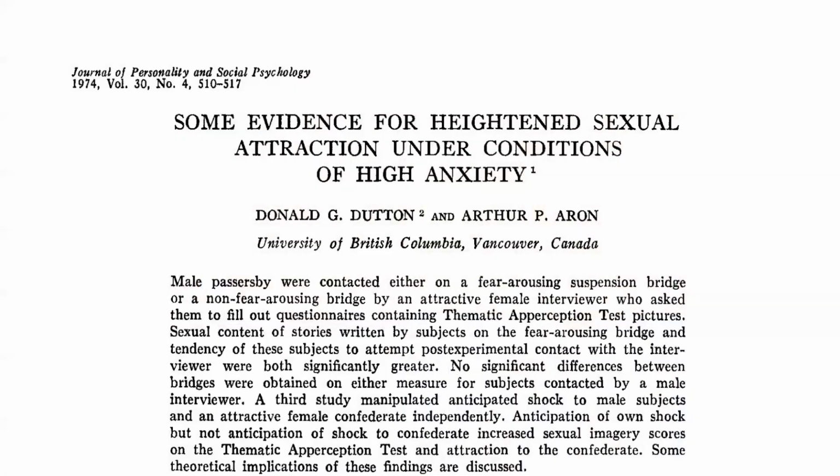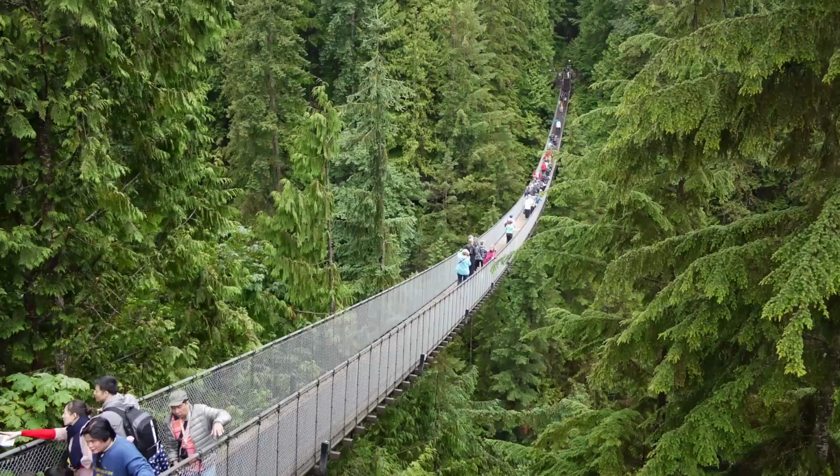So what is it that they did in this experiment? So the first thing to know about this experiment is that the individuals that were studied, the individuals that were tested, they were males. So there were no females in this study. That was by design. It was only males that were studied, and male passersby were contacted in this study either on a fear-arousing suspension bridge.